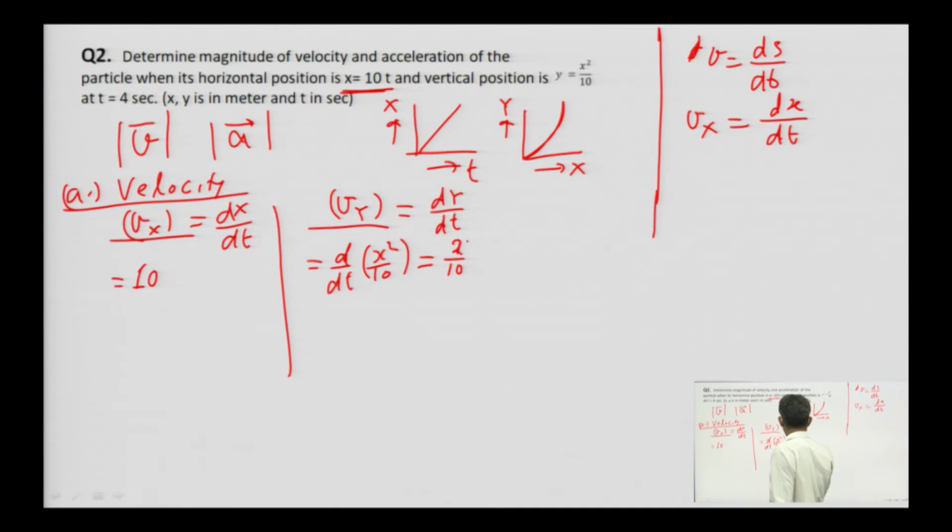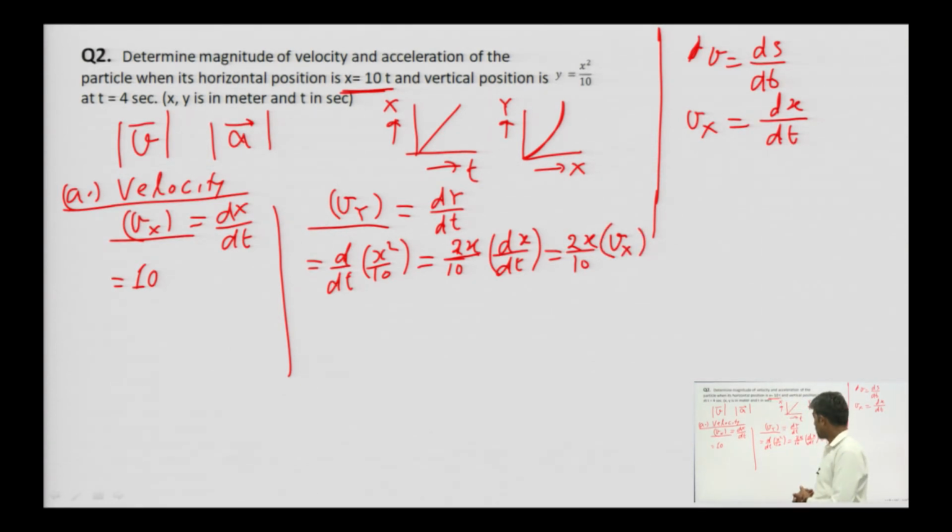Now, 2x by 10 into dx by dt, okay, and dx by dt is what? dx by dt is the vx component, and vx is what? It is 10.